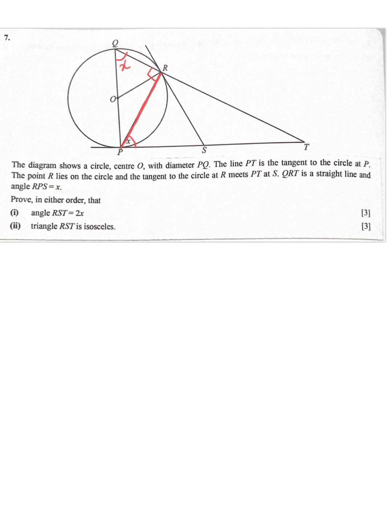So you're supposed to prove, in either order, that angle RST is 2x and that triangle RST is isosceles. I'll start off with angle PQR is equal to angle RPS is equal to x, tangent chord theorem.